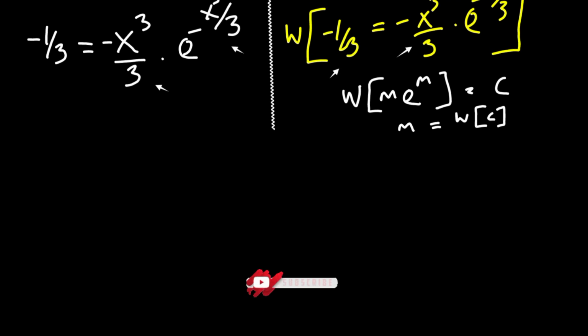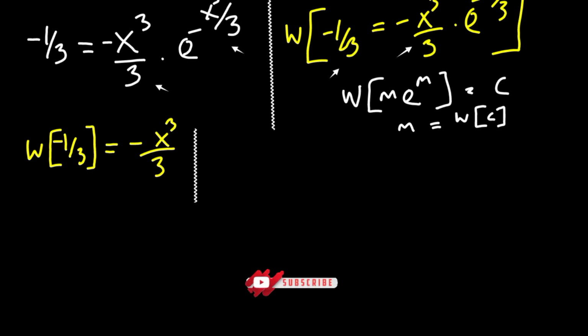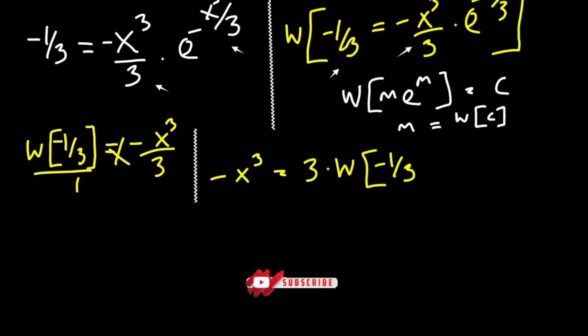And now to get the value of x, we're going to say the W function of minus 1 all over 3 equals minus x cubed all over 3. And from here on, we are going to be solving for the value of x using the normal algebraic methods. And we start doing this by cross multiplying. So we're going to have minus x cubed to be equal to 3 times the W function of minus 1 all over 3.